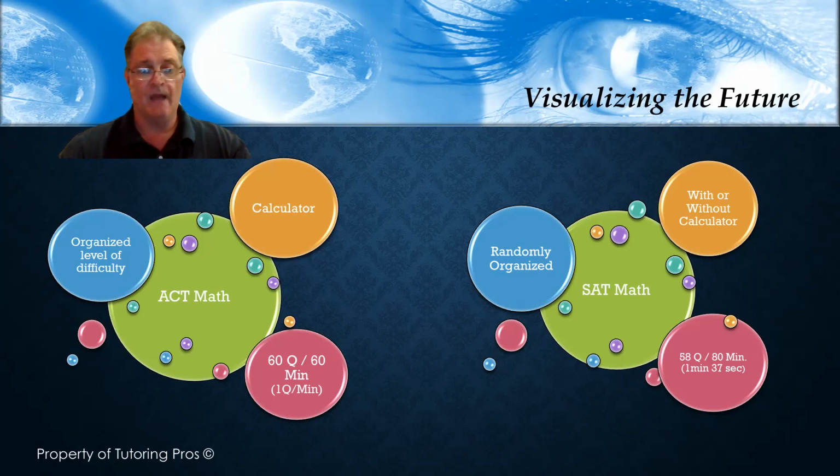Now, how are the exams organized? The ACT is organized from the perspective of questions 1 through 30. You begin with basic consumer-based mathematics, progressing into some pre-algebra, intermediate algebra topics, algebra 1 in the middle.